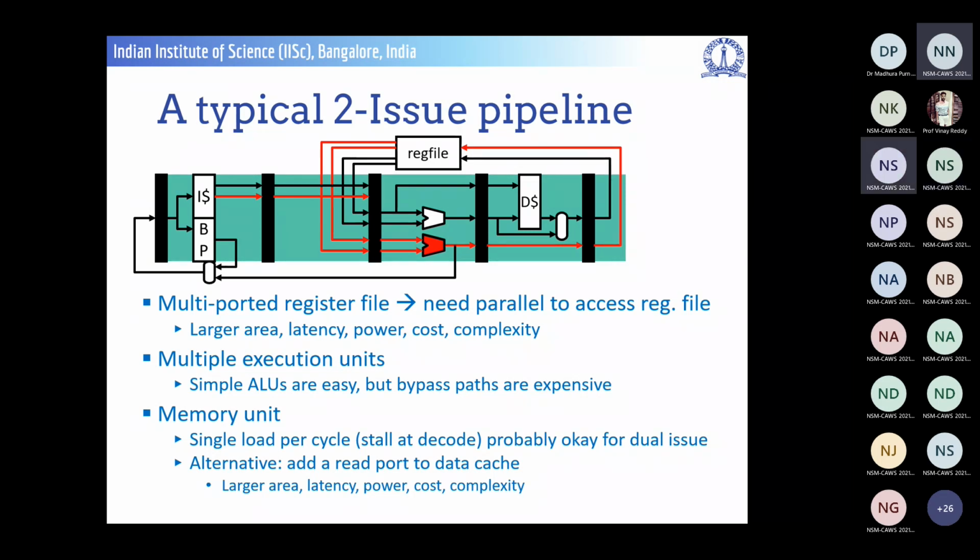Sir, I have a little off question. Is it possible for me to execute two processes using this two-way superscalar? Like two processes, instead of having a context switch within them, I want to execute two processes. We would not get into this right now. We are just assuming that there is a single stream of instruction coming in.